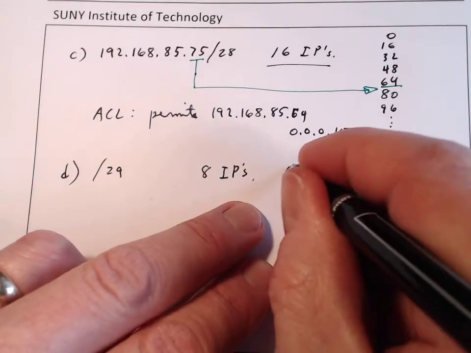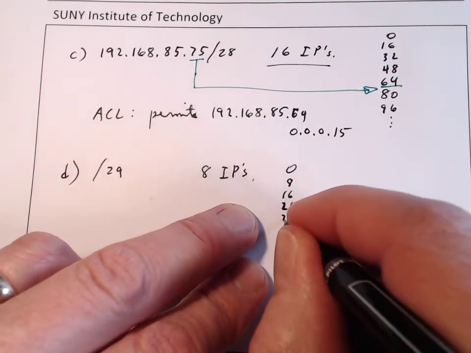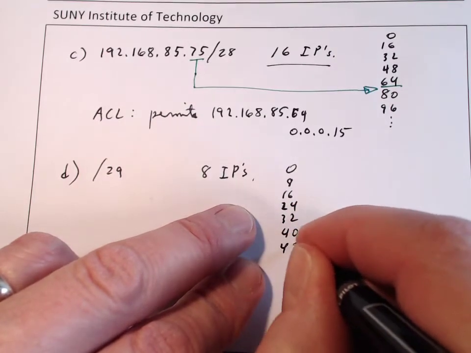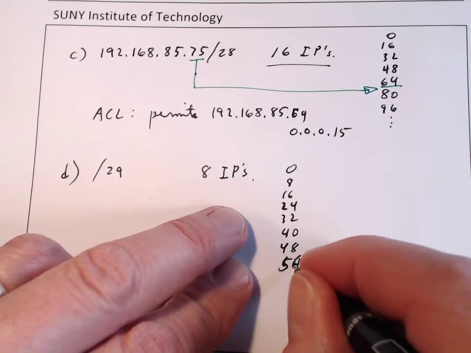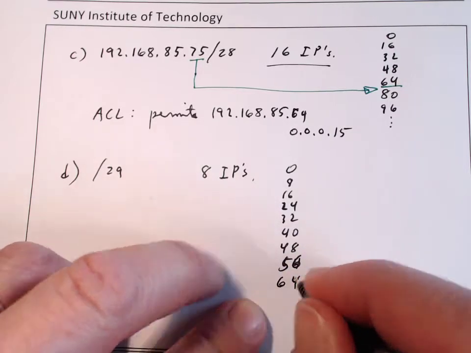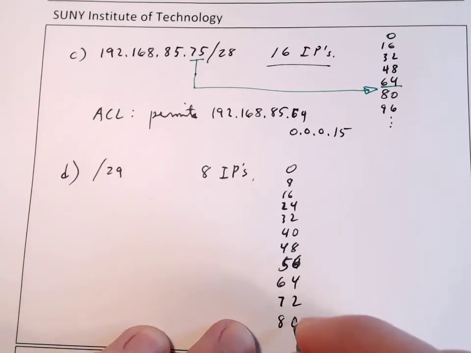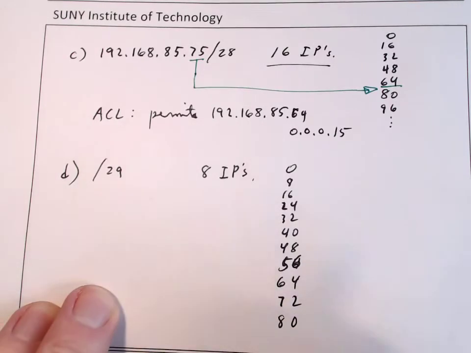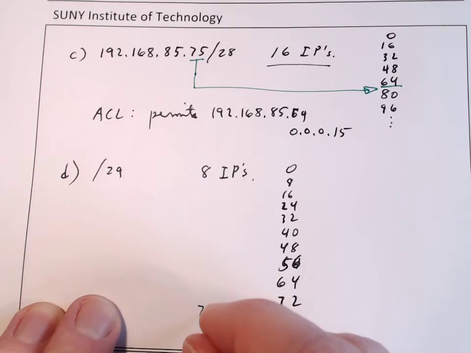If I count by 8: 24, 32, 40, 48, 56, 64, 72, 80, and my 75 is in between 72 and 80.